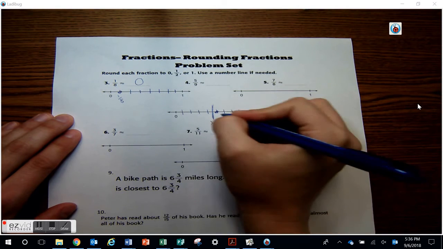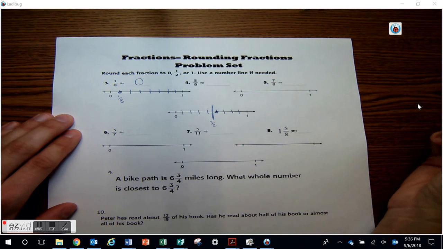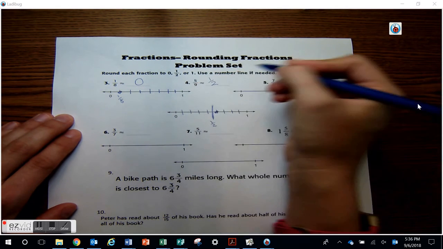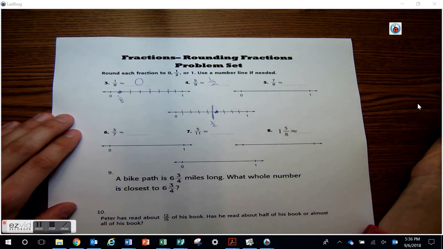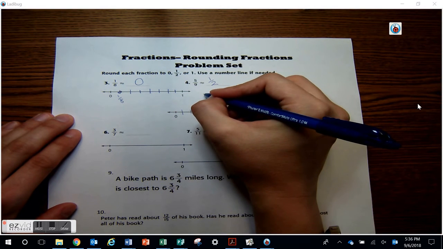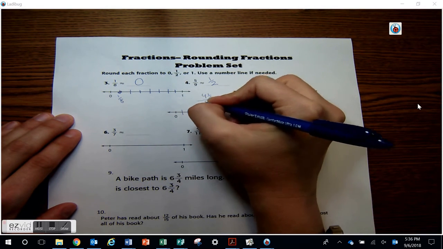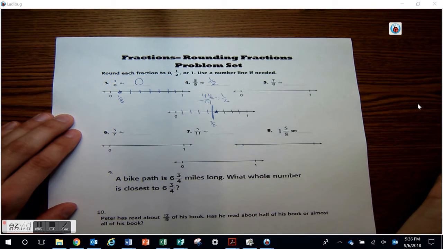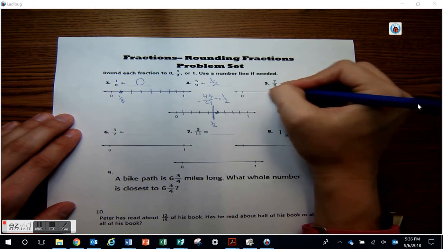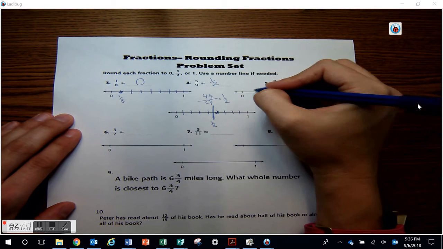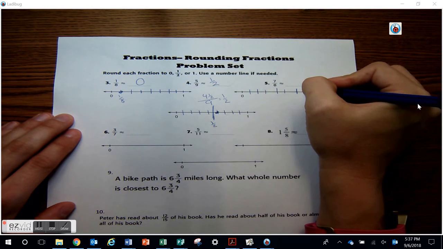if needed. 5/9, I'm going to use the number line just because I think it's easier for me. 5/9, so we're going to go 1, 2, 3, 4, 5, 6, 7, 8, 9. 5/9, 1, 2, 3, 4, 5. Okay, so my half is going to be about here.